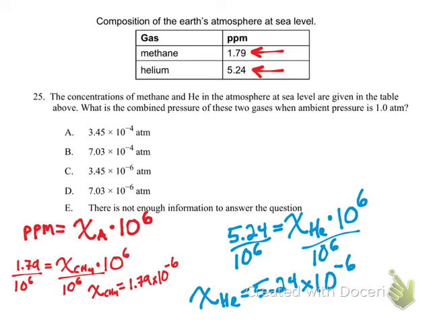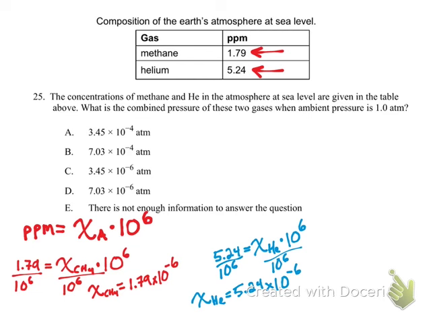Okay, so now we have the mole fraction of both helium and of methane. At this point, we could take one of two routes. We can either find the partial pressure of each of these gases, or what we could do is just find the combined mole fraction and then find the pressure exerted by these two. I'm going to take the latter here.